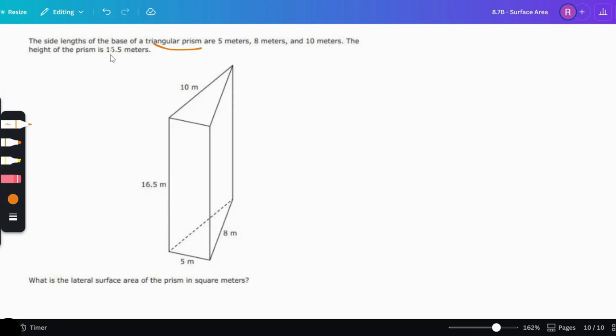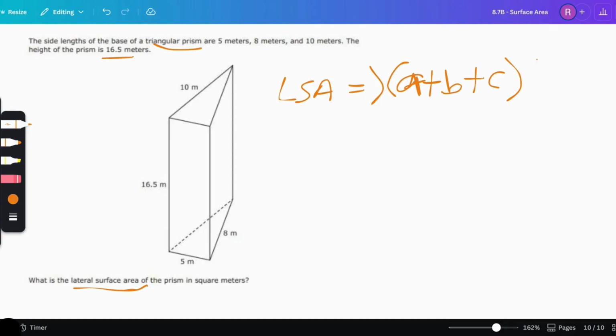And then lastly, the side lengths of the base of a triangular prism are 5, 8, 10, and the height is 16.5 meters. What is the lateral surface area of the prism? The formula for calculating this will be A plus B plus C, where A, B, and C are the sides, then times the height. So this is the height, and every other point are the sides.